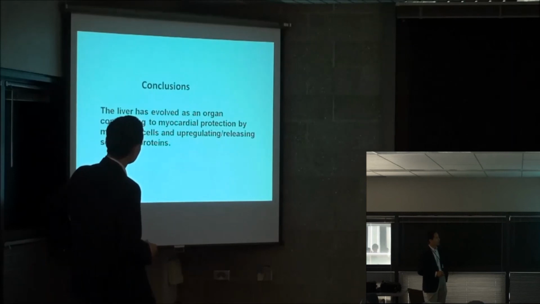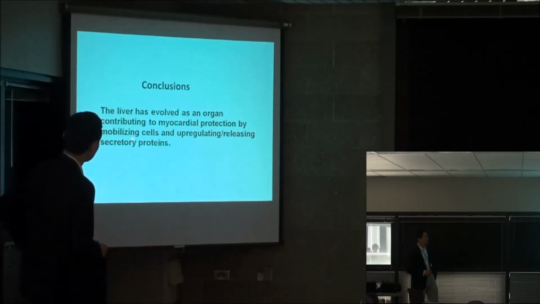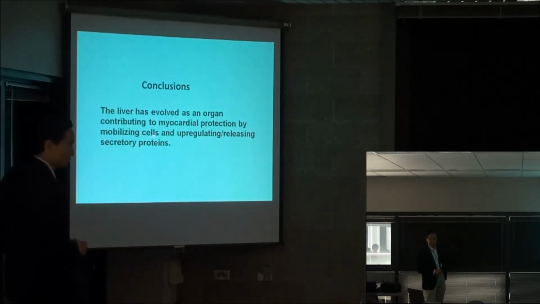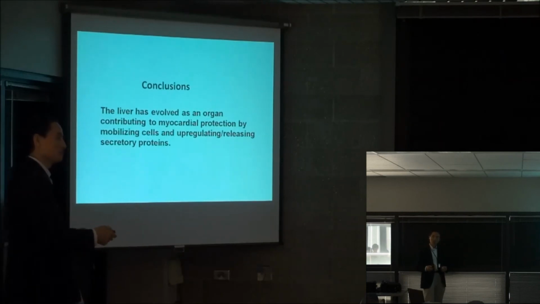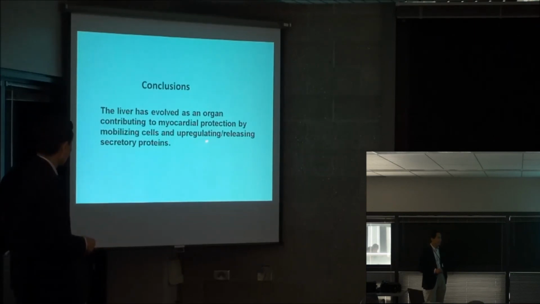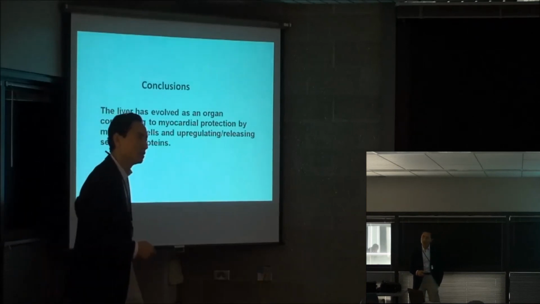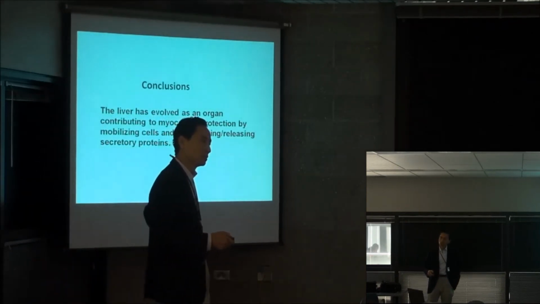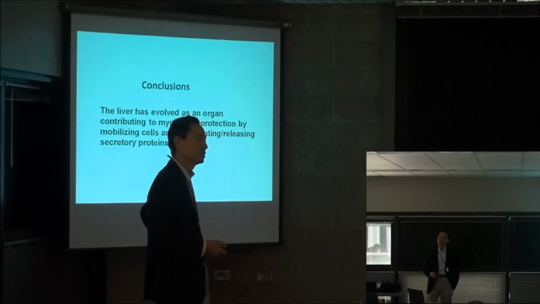There are two ways for the protective action. One is to mobilize liver cells, to home them to the broken heart. The other is that liver cells will upregulate and release secretory proteins. These proteins will rescue injured cardiomyocytes from death.